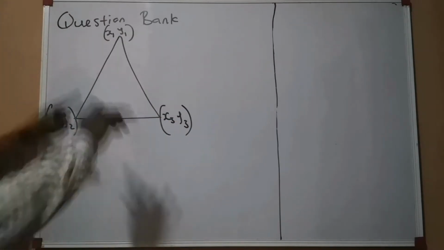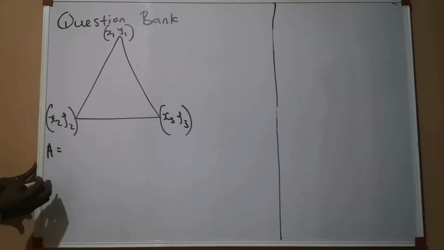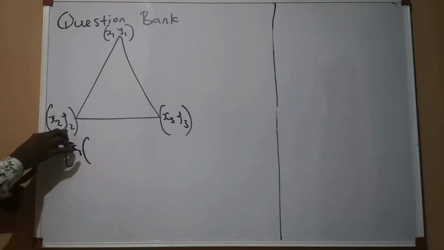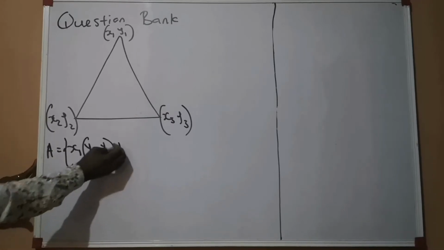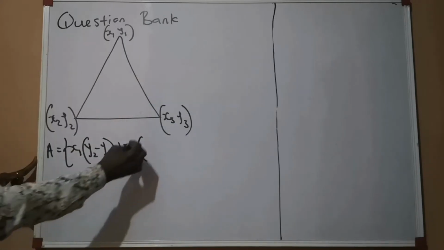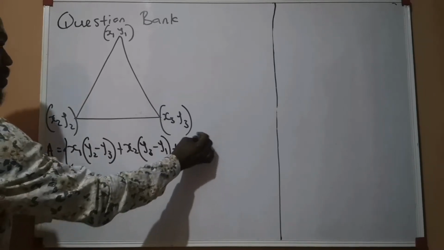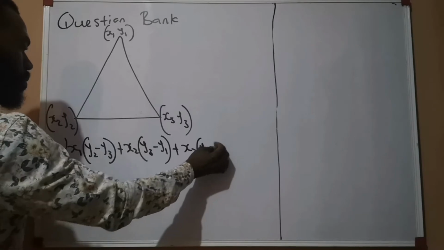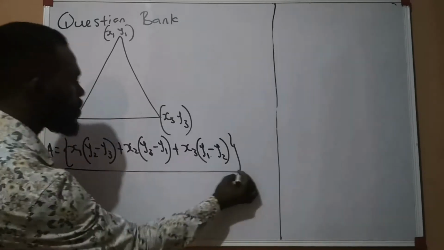And then we are told to calculate the area. Now it has a formula. The area is equal to x1 into brackets y2 minus y3, plus x2 into brackets y3 minus y1, plus x3 into brackets y1 minus y2, then all over 2.